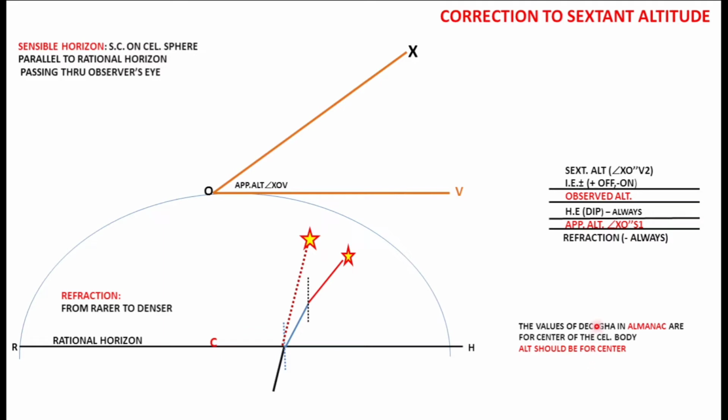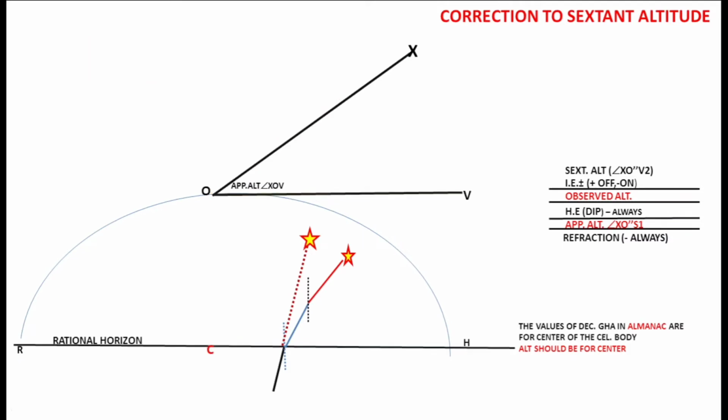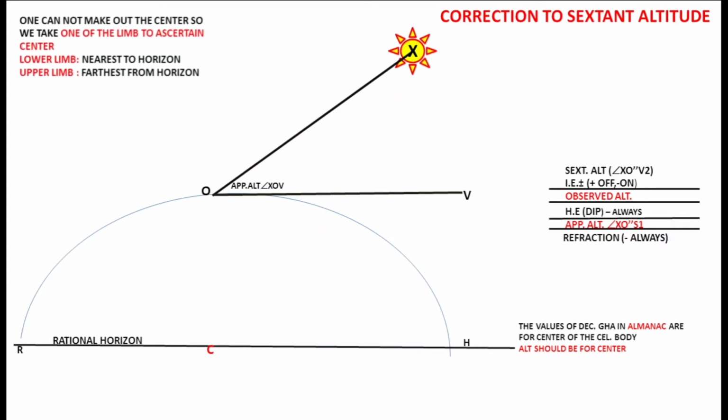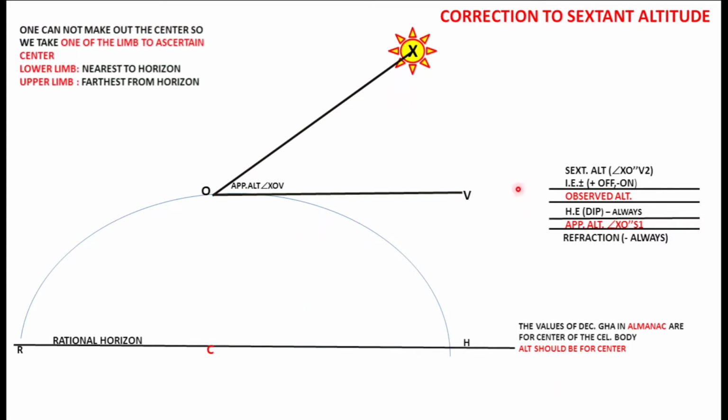All the values of declination and GHA given in the almanac are for the center of the body. So when we are taking a body, sun or moon, we have to take up the center of the body. But we cannot make out the center of the sun or the moon.